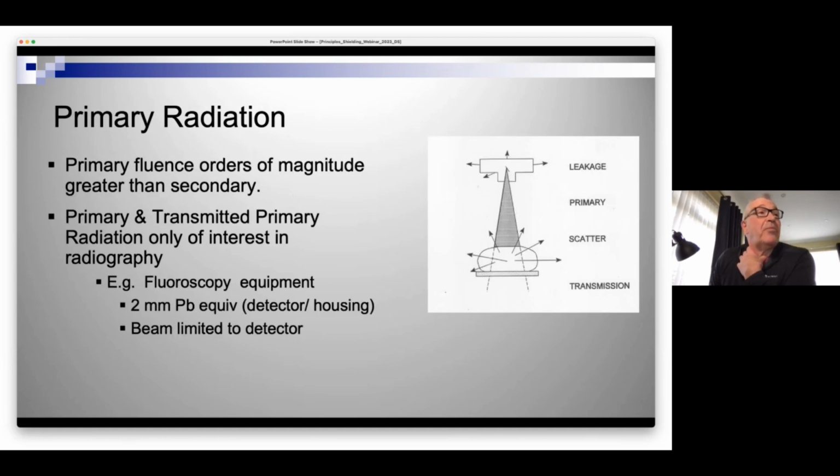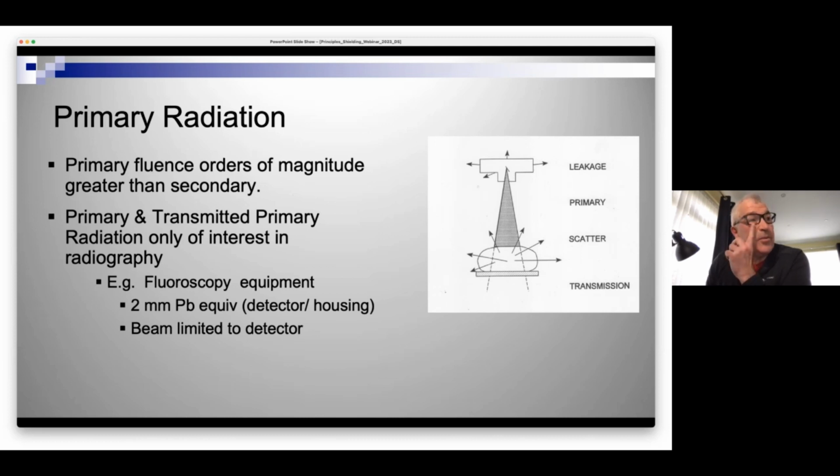So let's talk about primary radiation first. Primary radiation is orders of magnitude bigger than secondary radiation, but it's only of interest in plain film radiography, because for all other types of radiology, so interventional, where we use fluoroscopy equipment, CT, bone densitometry, the primary radiation is all absorbed by the detector or the detector in its housing.